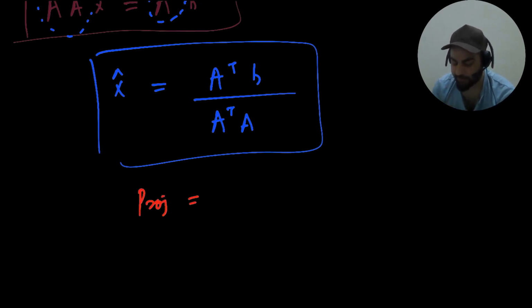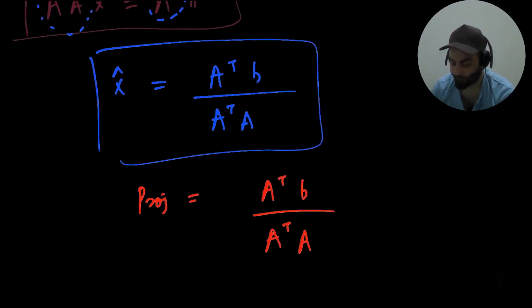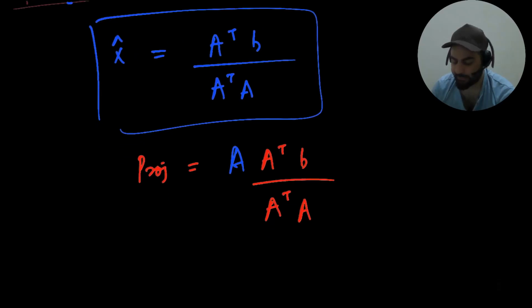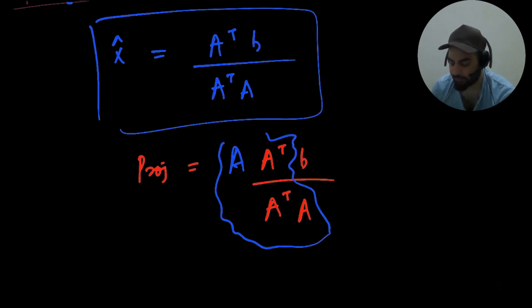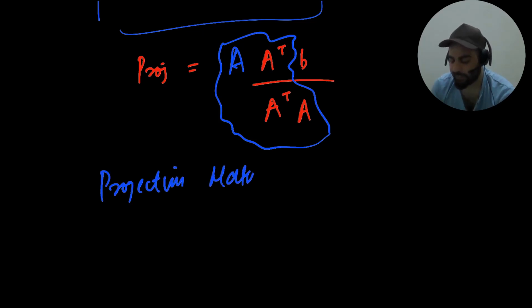The projection basically is A transpose B divided by A transpose A multiplied with this A. And this portion I'll call the projection matrix now.